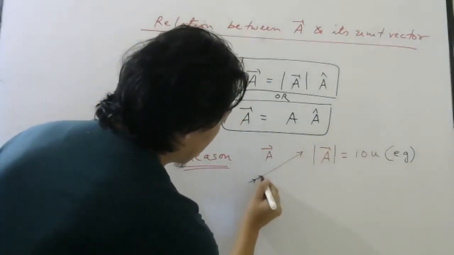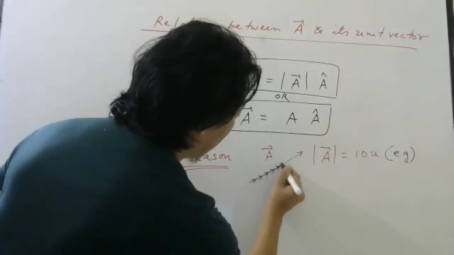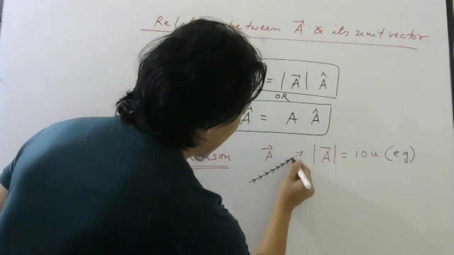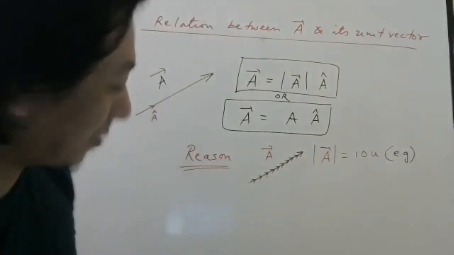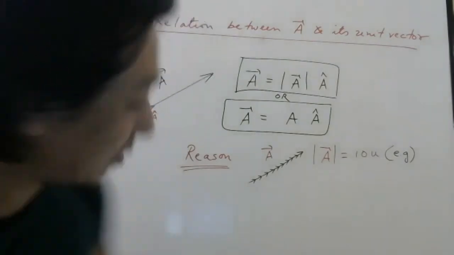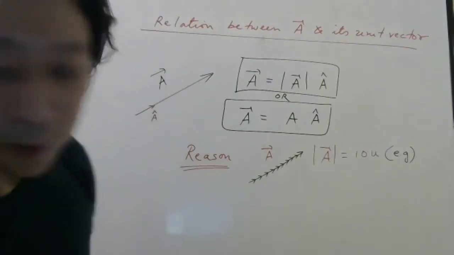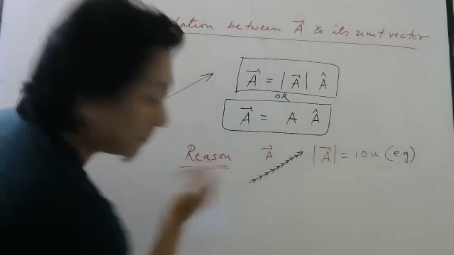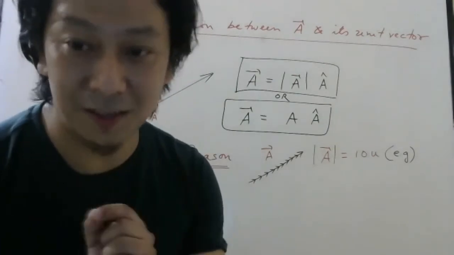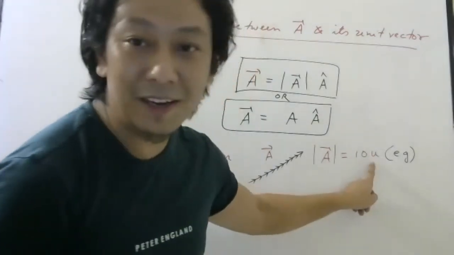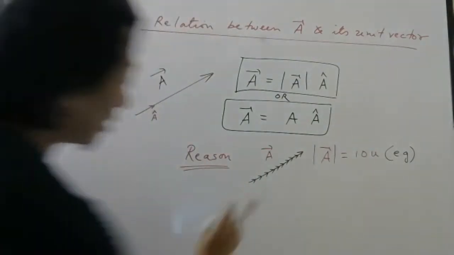1, 2, 3, 4, 5, 6, 7, 8, 9, 10. 10 equal parts. Can you tell me what will be the length of this one part? No, you cannot say meter. You have to say 1 unit, because this can be 10 Newton also. So this will be 1 unit.